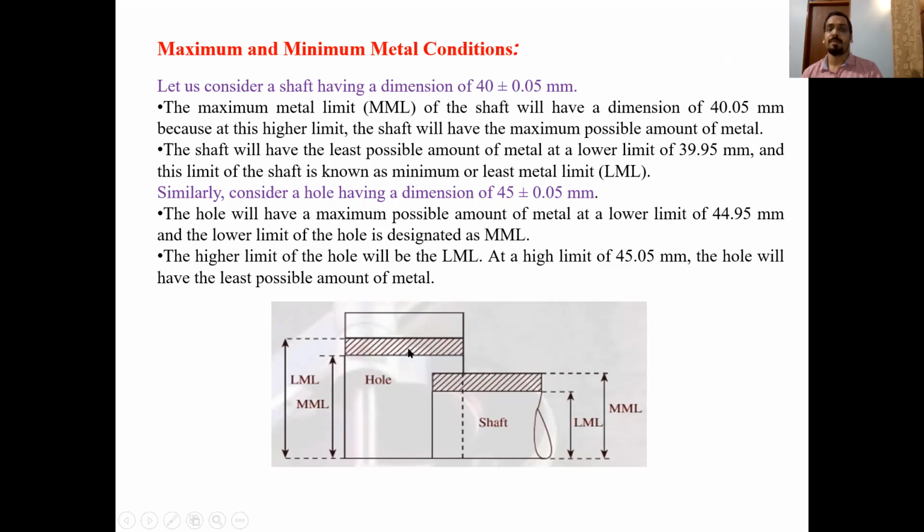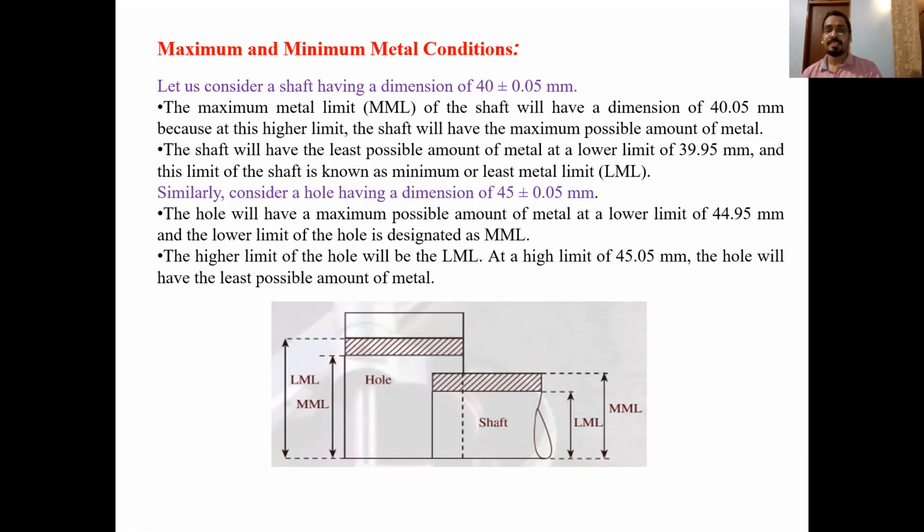So at the lower limit, the hole will consume maximum material during the manufacturing of a hole. So in case of hole, the lower limit will be considered as maximum material condition, and the upper limit of the hole will be considered the minimum material condition.